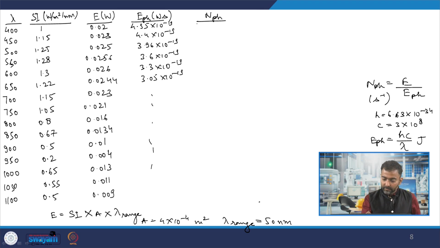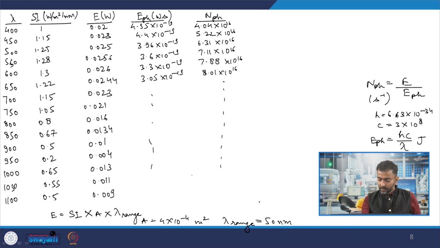You get values something like this: 4.04 into 10 to power 16, then 5.22 into 10 to power 16, 6.31 into 10 to power 16, 7.11 into 10 to power 16, 7.88 into 10 to power 16, 8.01 into 10 to power 16, and so on.